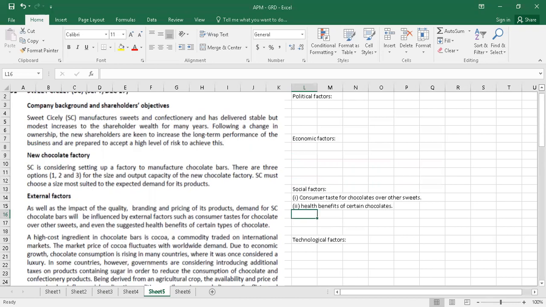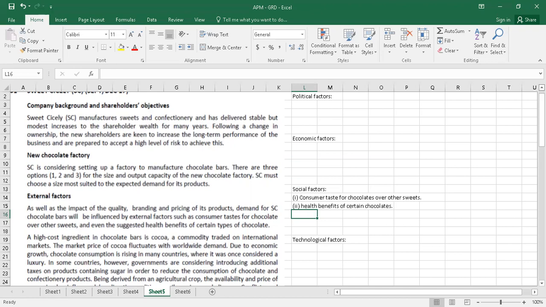See, anything to do with exchange rate, inflation rate, interest rate will have an impact on the economy, isn't it? So the fluctuation in the prices of cocoa, because they are traded on the international market, will have an impact on their foreign reserves also, because this product is being taken up by the people in the economy, so they are importing that product.